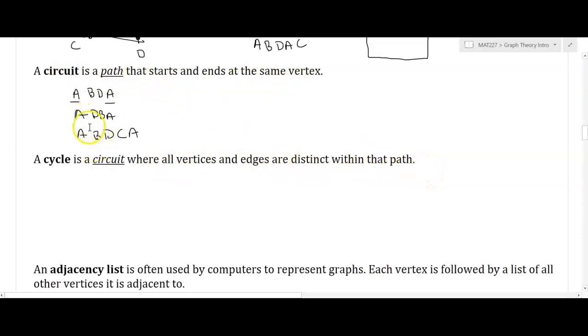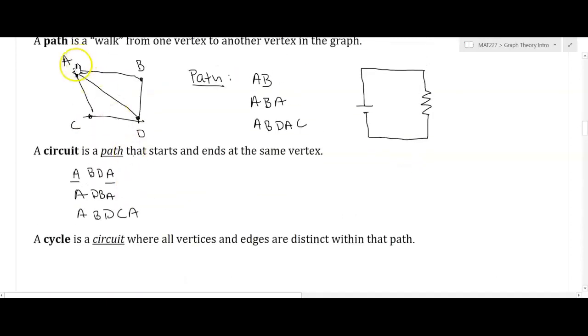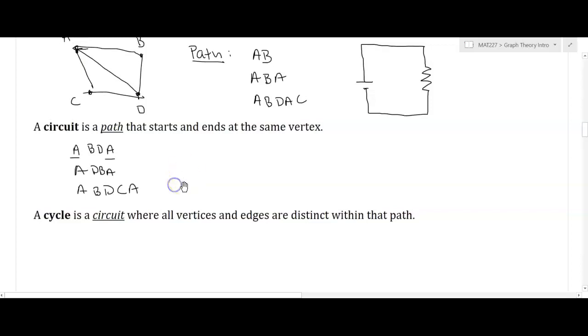So for example, A, B, D, C, A would be a cycle, and if you think about a cycle, you just think about the fact that it forms a loop. So A, B, D, C, A forms a perfect cycle, right? And then we could go around that cycle over and over again, just like a washing machine or a dishwasher. We just have to make sure that we don't hit the same vertex twice.